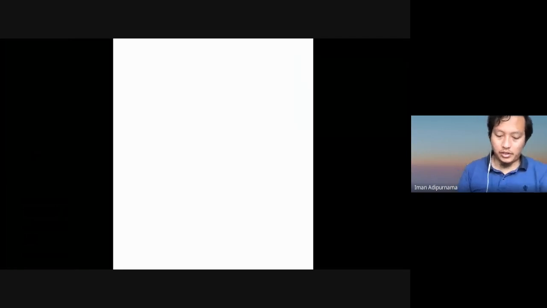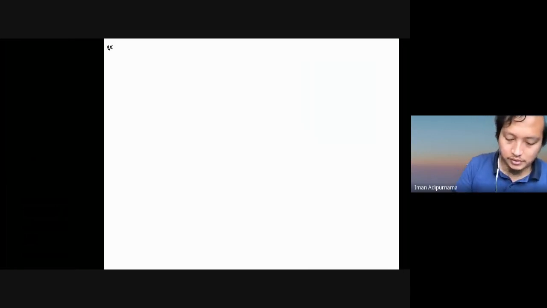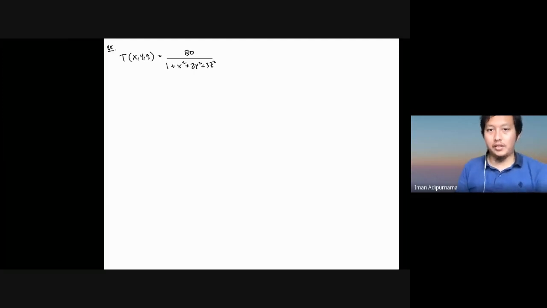Okay. Let's say we have an example. You have these equations. This is the temperature. So you have this temperature equation.